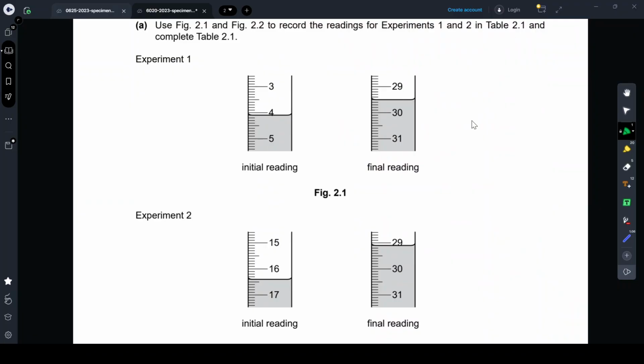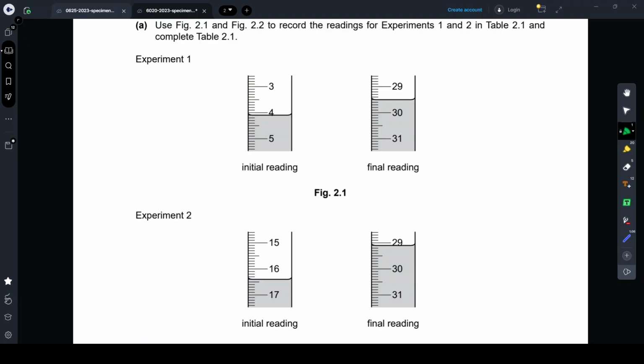What is the reading you can get out of this? 29.5, right? So the reading is increasing, going down. Right, so 29, 29.1, 2, 3, 4, and 5.